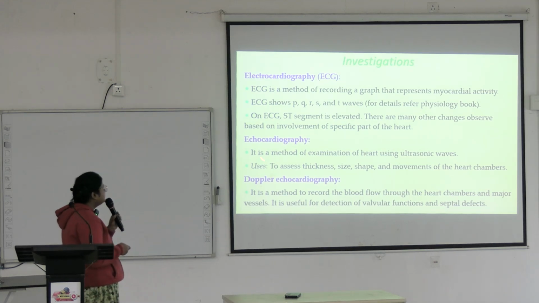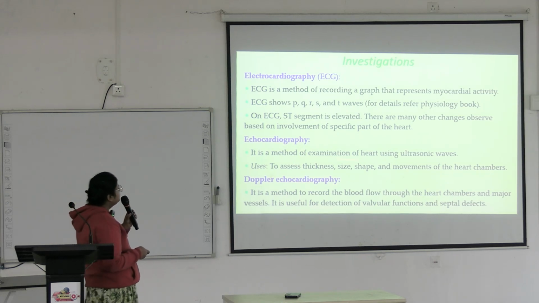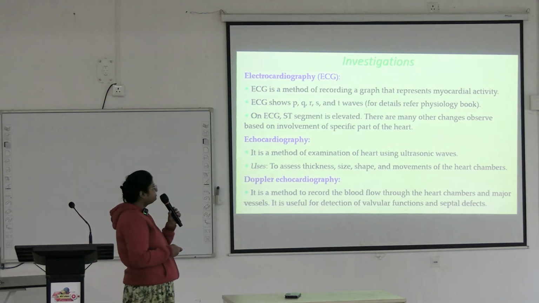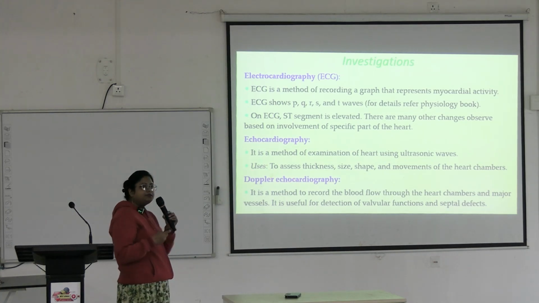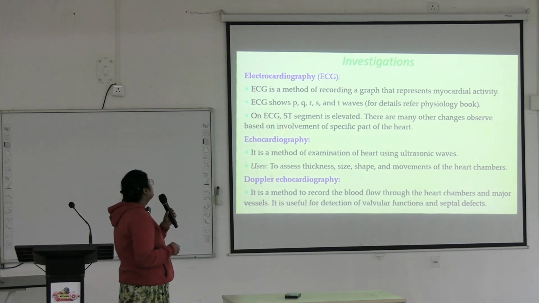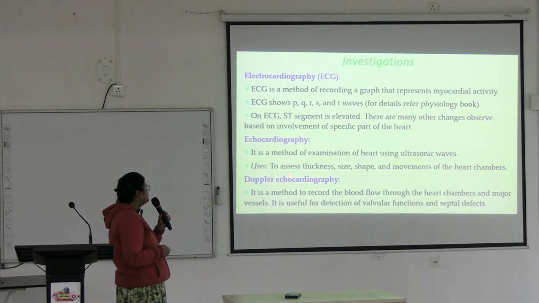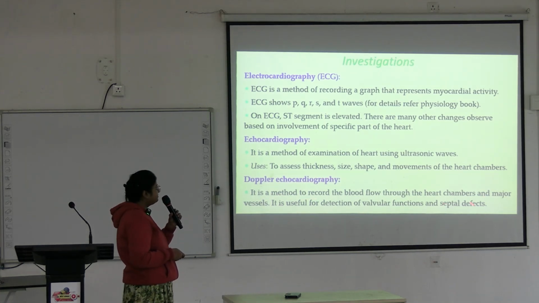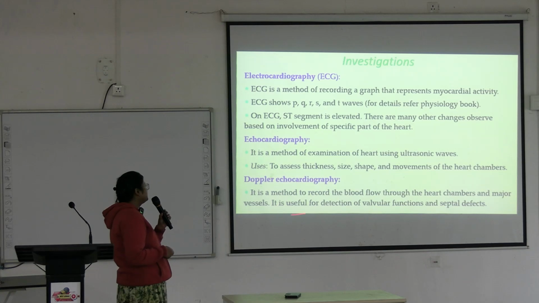Next investigation is echocardiography. It is a method of examination of the heart using ultrasonic waves. It is done with ultrasonic probes. It is used to assess the thickness, size, shape and movement of heart chambers. Next is Doppler echocardiography, a method used to record the blood flow through the heart chambers and measure vessels.